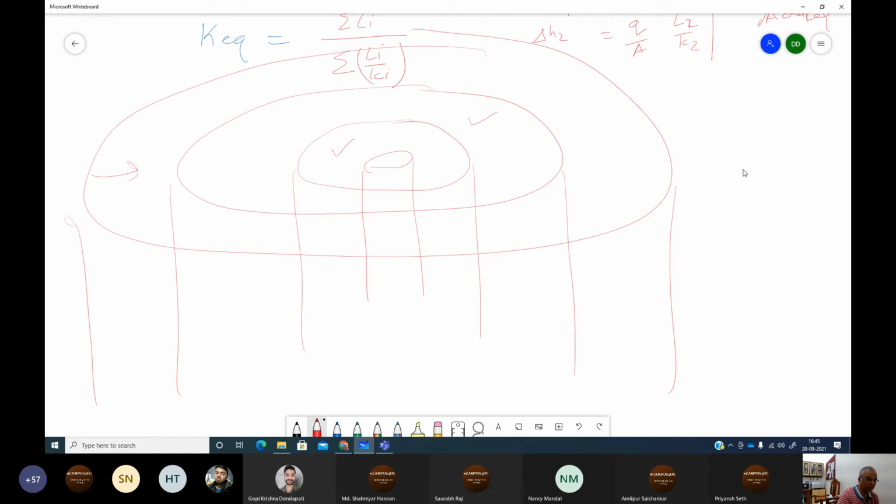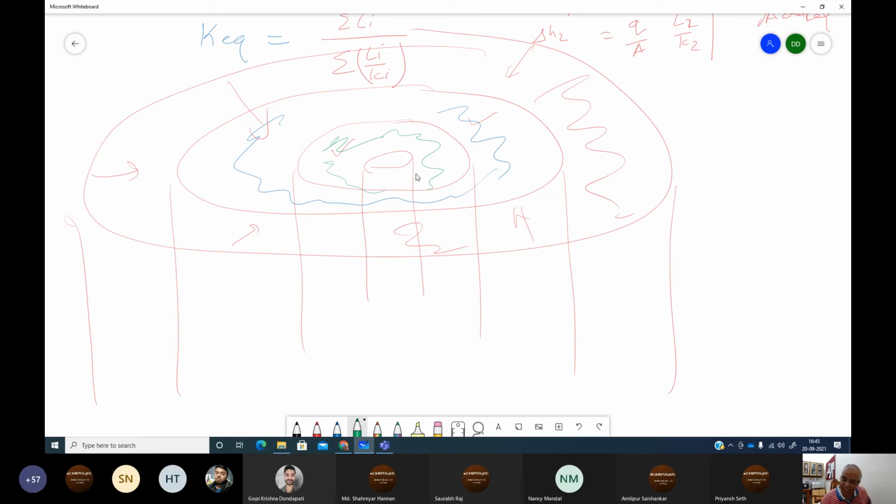Then fluid is flowing radially like that. You understand how the fluid is flowing? So this is one rock layer, this may be another, and this may be another. Then fluid is flowing like this.